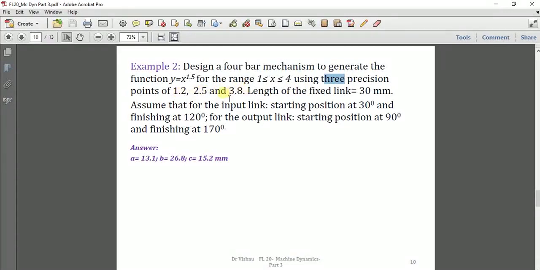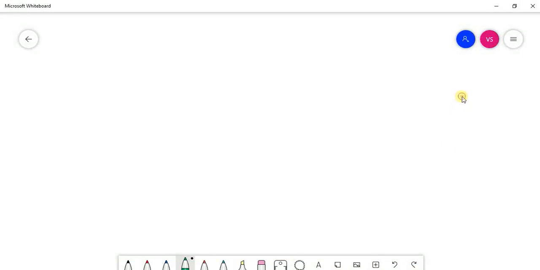Length of the fixed link is 30 mm. For the input link, starting position is 30 degree and finishing at 120. For the output link, starting is 90 and finishing at 170. So let us do this problem to understand the method of finding the dimensions.